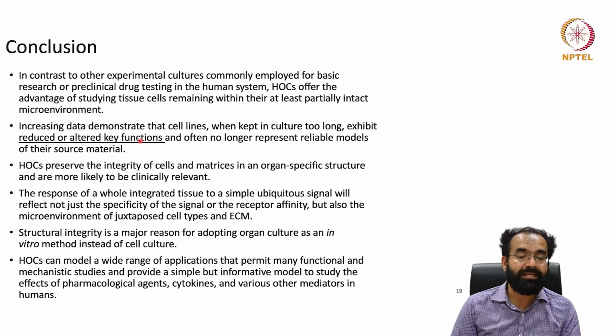The increasing data also suggest that the other cultures exhibit reduced or altered key functions. HOCs preserve the integrity of the cells and matrices during organ culture, and HOCs can be modeled in a wide range of applications that can permit many functional mechanistic studies.